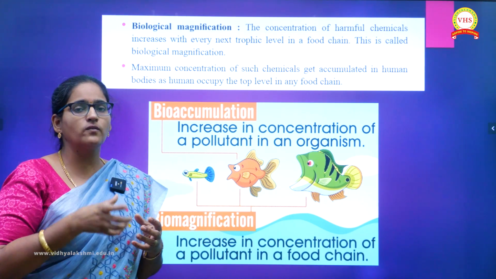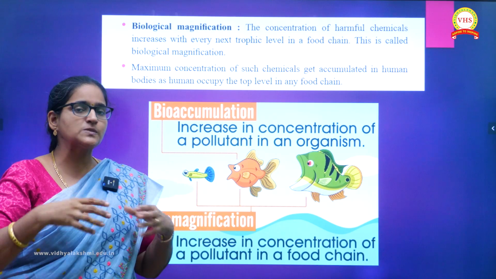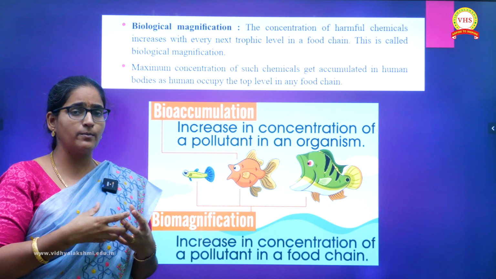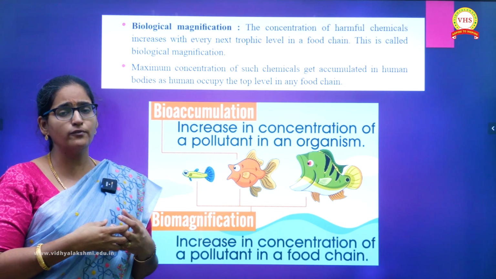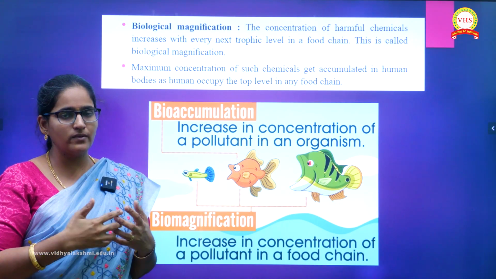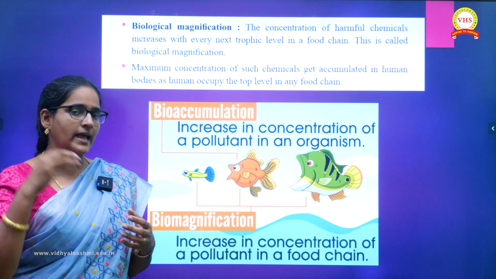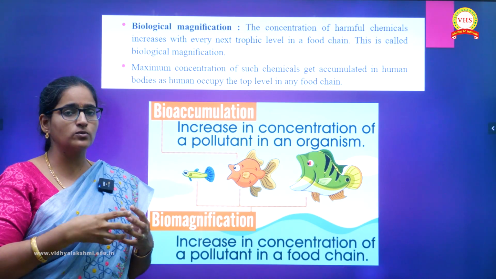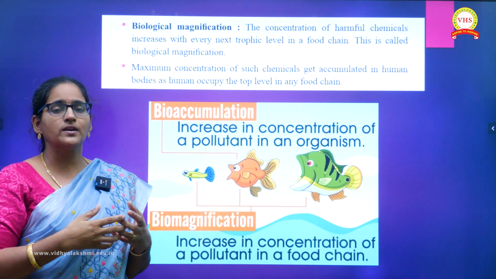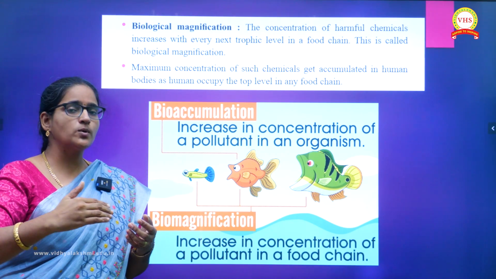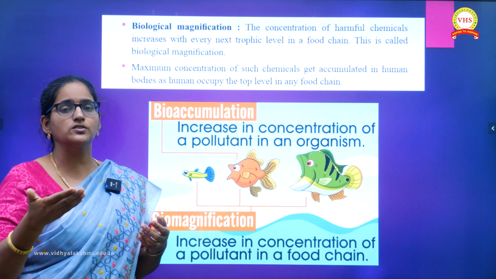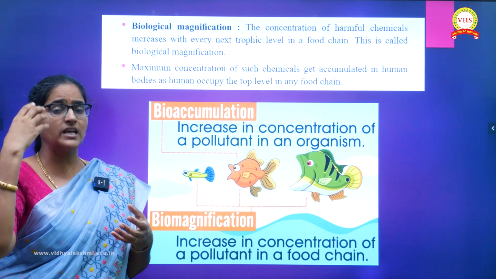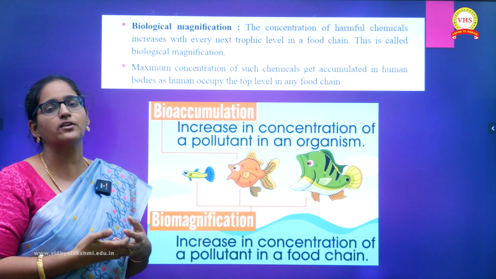If you stress on the word magnification, magnifying means becoming higher and higher. If any harmful chemical enters the food chain through any trophic level of an ecosystem, either through the first trophic level, the producers, or through the primary consumers, then as the primary consumers become food for the secondary consumers, the chemicals in the primary consumers start to accumulate in the secondary consumers.